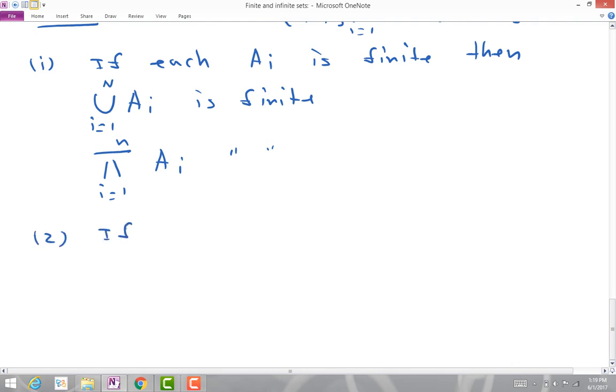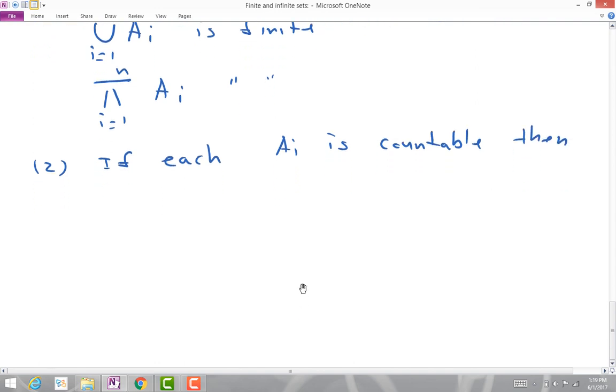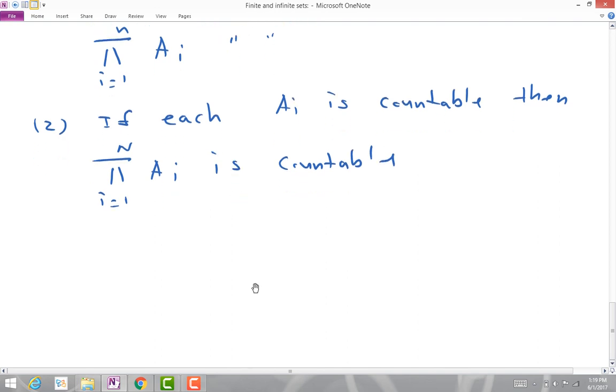And if each A_i is countable, then the Cartesian product from i = 1 to n is countable, and the union of A_i is countable.